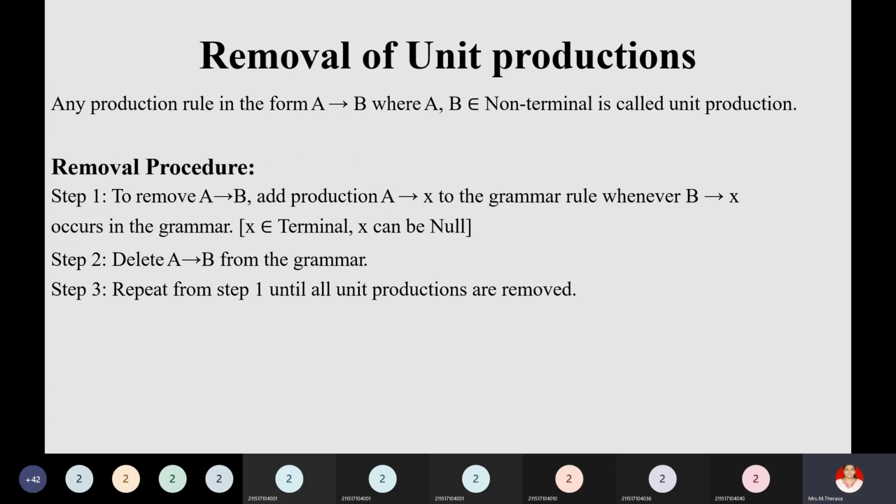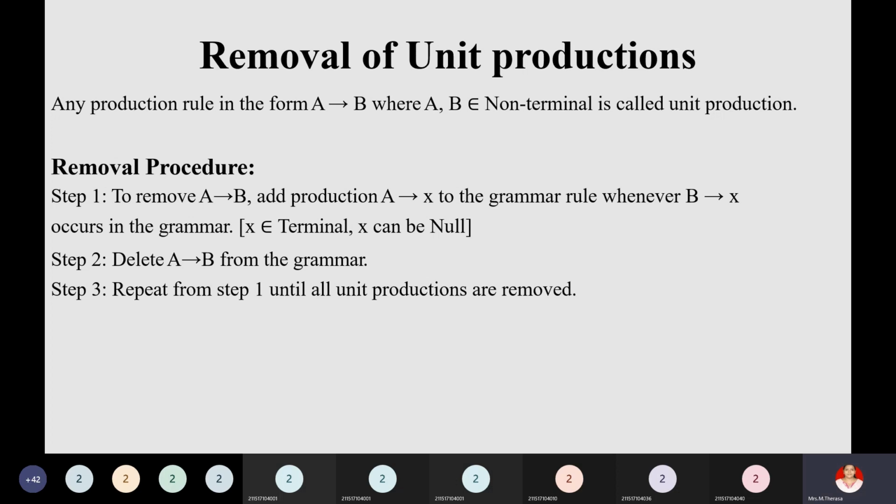And the removal of unit production. For that, first you have to know what we mean by unit production. Any production rule of the form A tends to B, that is, a non-terminal tends to another non-terminal, where A, B belong to non-terminals. Here there are 3 steps followed to remove the unit production.